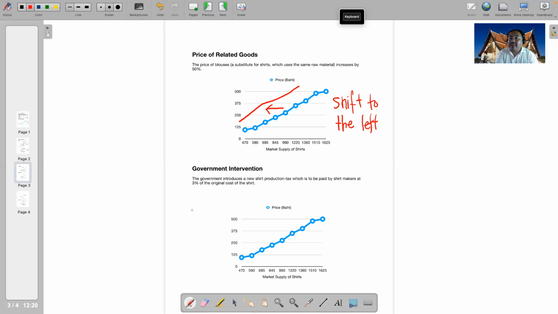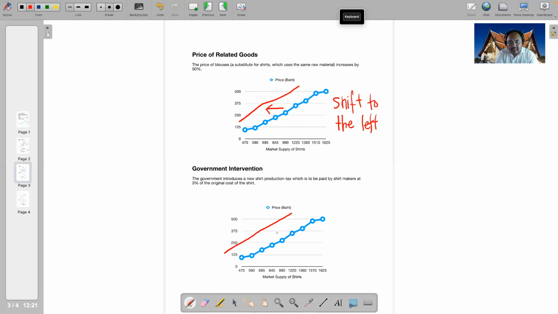What will happen? It means that it is now more expensive to make shirts because I have to pay an extra 3% to the government just because I'm making shirts. That will act as a discouragement for our suppliers to make shirts. So what will happen is they will produce less shirts.